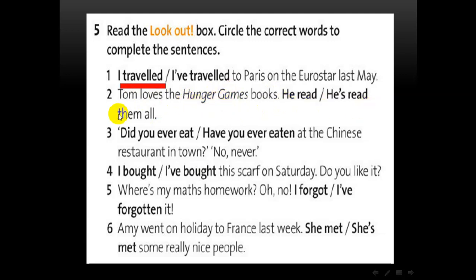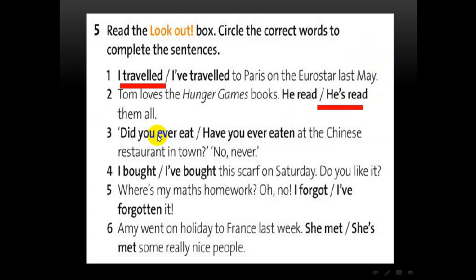He read or he has read them all. لقد قرأهم جميعا. هل ترون وقتا محددا لقراءة الكتب؟ لا. فإذا هو يتحدث عن تجربته للقراءة. استخدم he has read. هنا has اختصار، it's abbreviated form. وهنا read في التصريف الثالث تكتب نفس تصريفها في الحاضر ولكن نقرأها بشكل مختلف. فتصريفها كالتالي: read read read. الحاضر من الفعل يقرأ read، الماضي read، والاسم المفعول read.